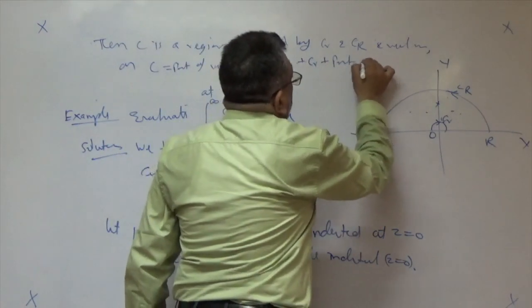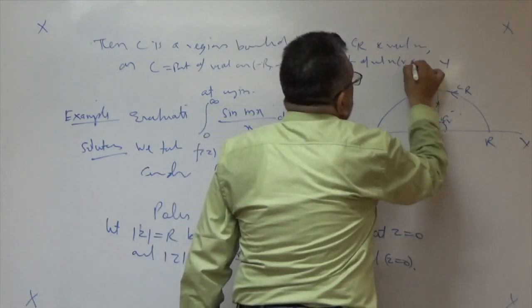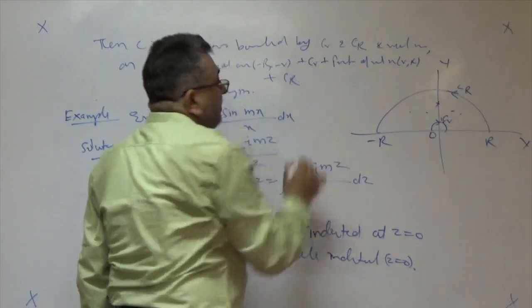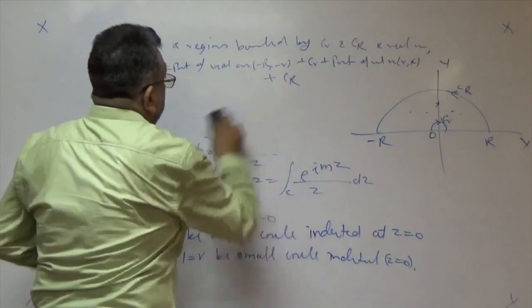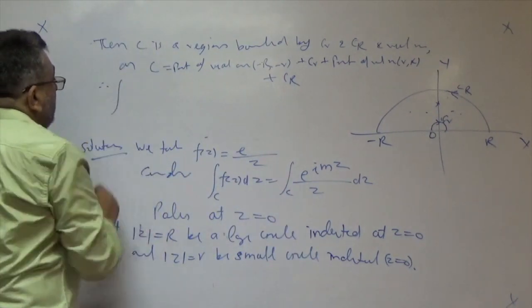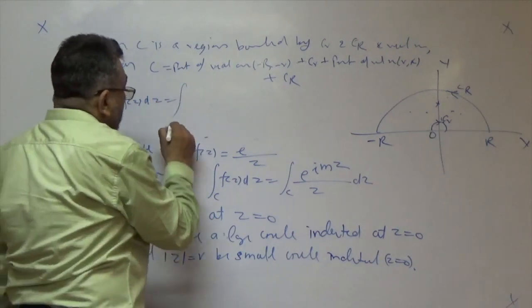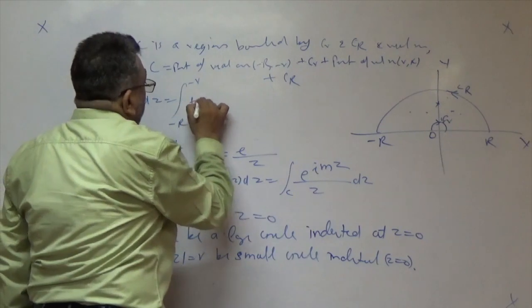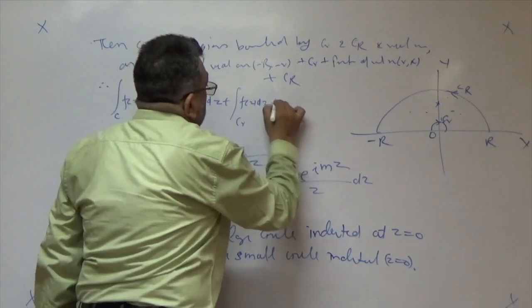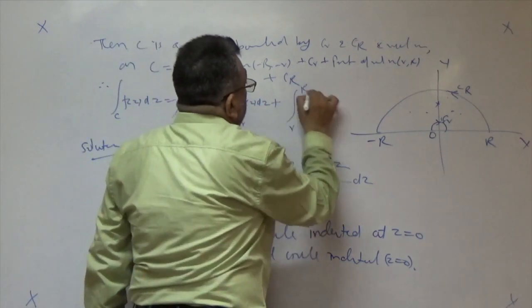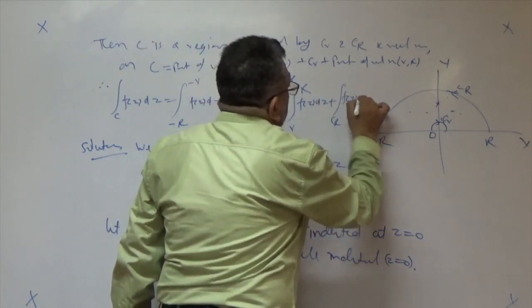Then again part of the real axis from small r to capital R and then plus C_R, right? And so our integral ∫_C f(z) dz contains 4 parts. One is the integral from minus capital R to minus small r of f(z) dz, plus the integral over C_r of f(z) dz, plus the integral from small r to capital R of f(z) dz, plus the integral over C_R.